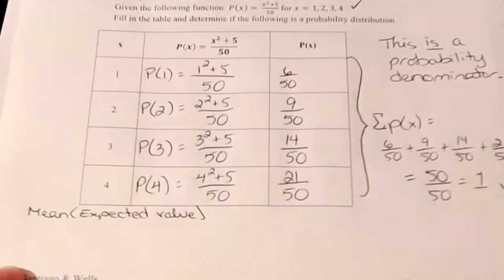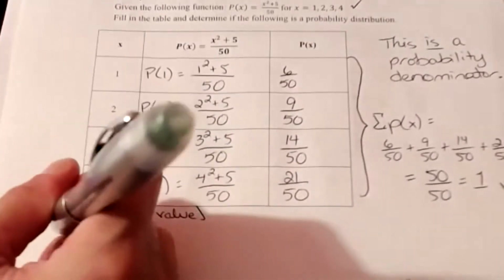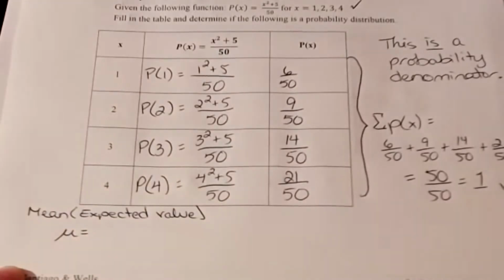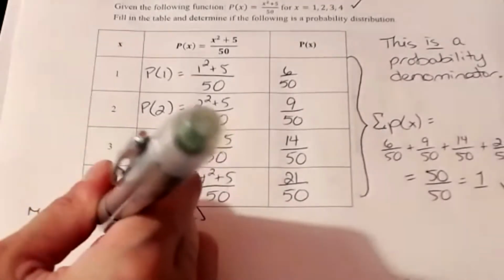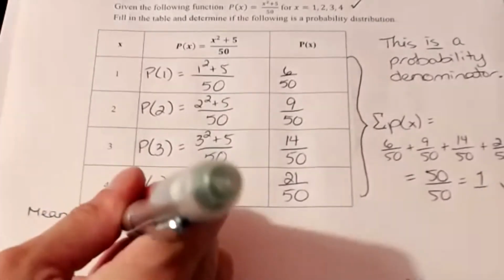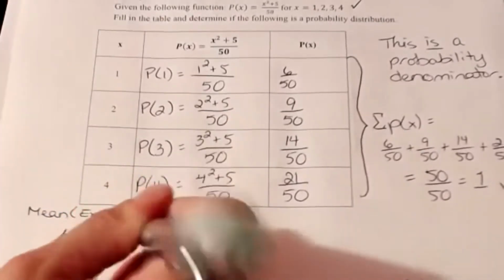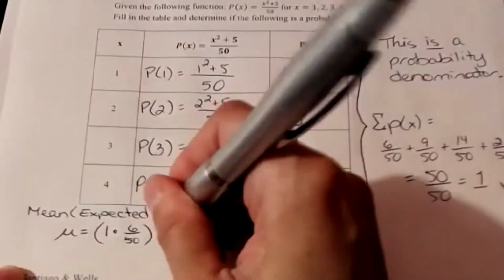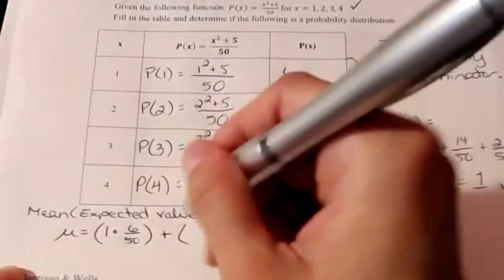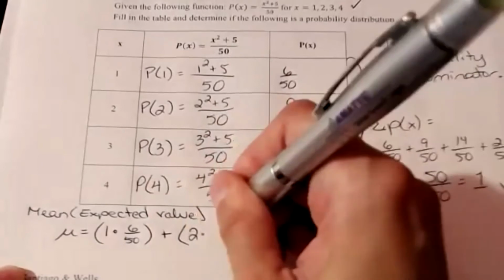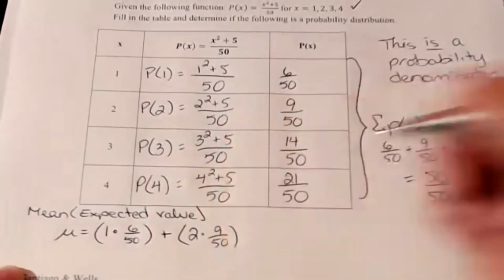To find the mean, we are going to take each value of the random variable. So the first value is 1, and we're going to multiply it by its probability, which is 6 out of 50. So there's your first product. Then you're going to add to it the second product, which is the second value that the random variable takes on, multiplied by its probability.